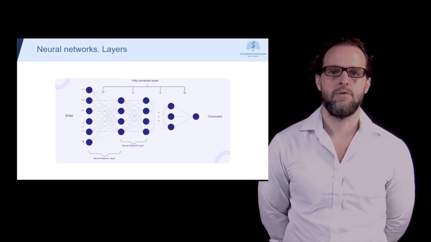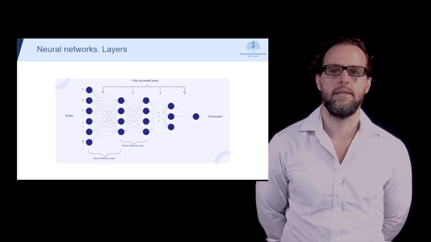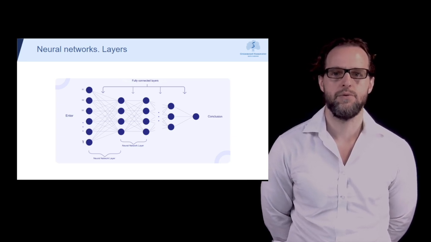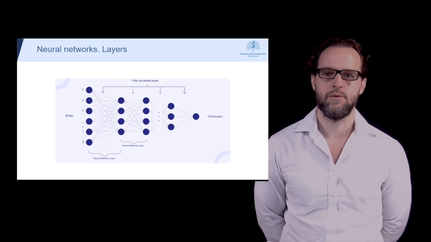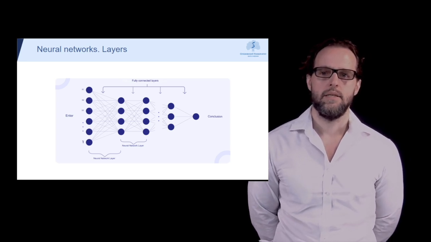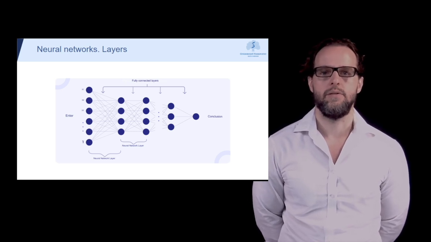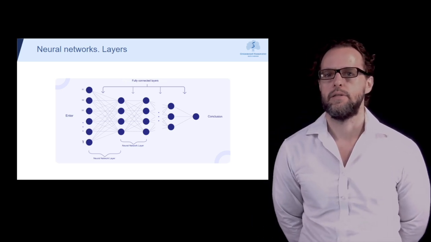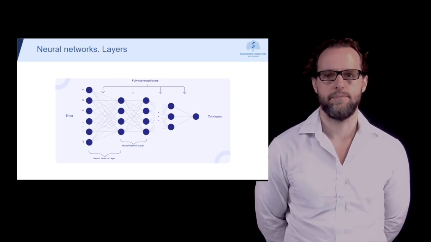These neurons perform a linear combination of inputs and the layer parameters to produce an output. This output can then be passed to another layer. The architecture or topology of a neural network is how these layers are organized.